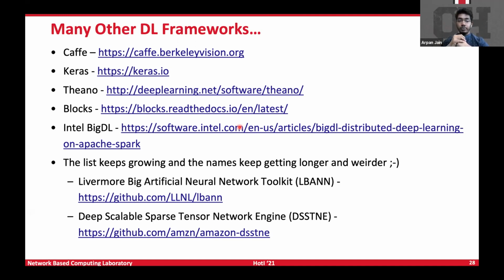It is by the Livermore National Laboratory, and it has inbuilt support for distributed training and several other parallelization strategies like model parallelism, subgraph parallelism, and spatial parallelism. Don't worry about these kinds of parallelism, I'm going to discuss them. But this is the kind of support they are offering. So it is designed for high performance computing systems.